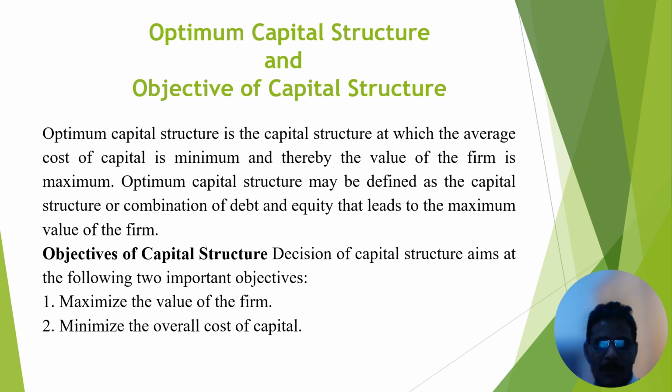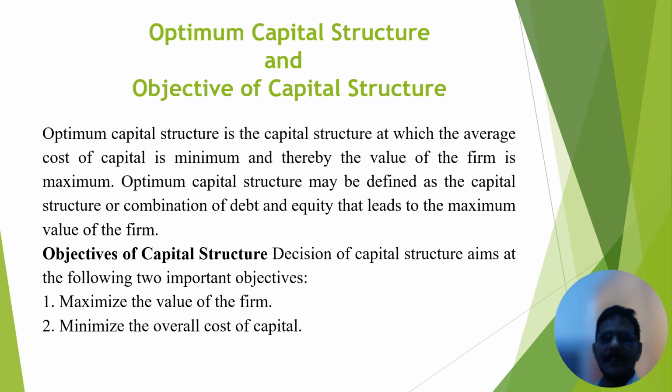What is optimum capital structure? Under this capital structure, the cost is minimum and value is the maximum. The optimum capital structure may be defined as the capital structure or the combination of debt and equity that leads to maximize the value of firm.